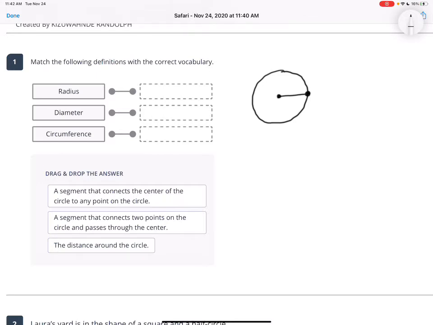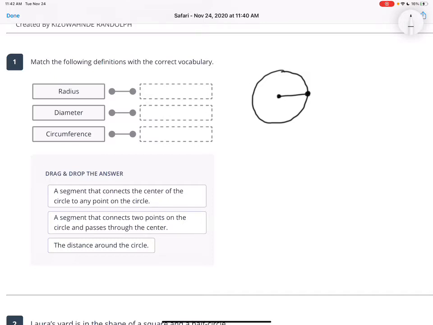That's true. Okay. So let's look at these definitions and match them to what a radius could be. Would a radius be a segment that connects the center of the circle to any point on the circle? Would it be a segment that connects 2 points on the circle and passes through the center? Or would it be the distance around a circle?